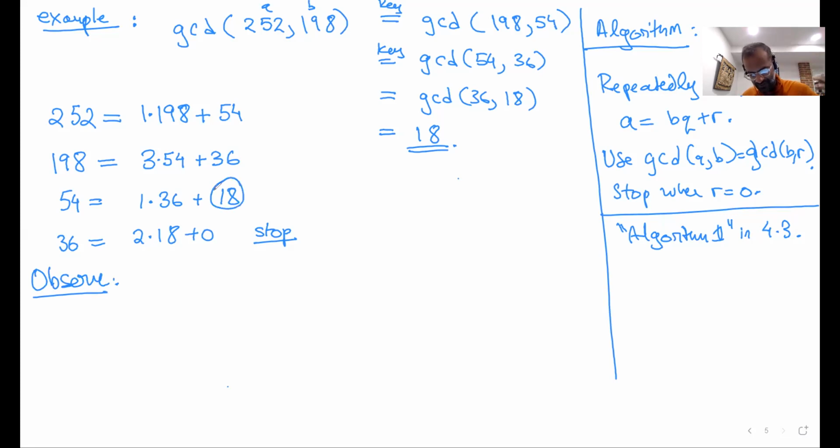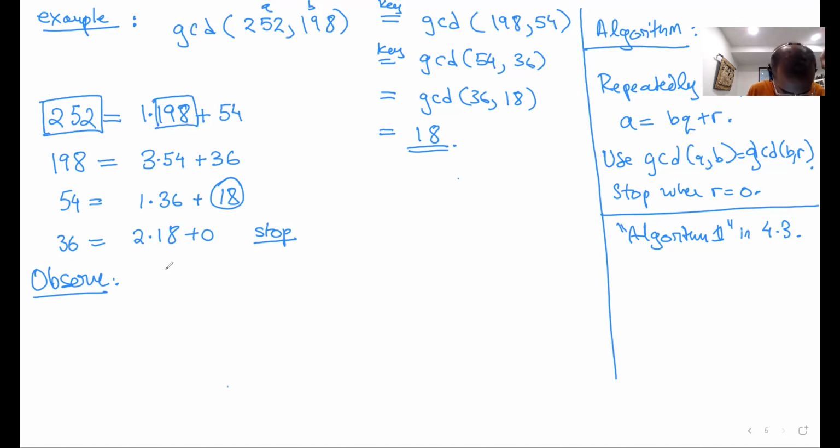And we arrived at it by chaining together a bunch of these equations that we got from the division algorithm. But now what happens if we try to use those equations backwards to express the GCD in terms of the original input numbers, namely 252 and 198.